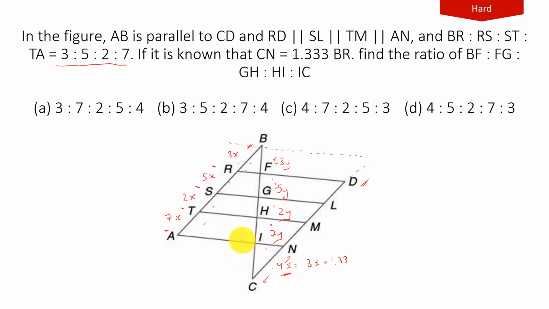So I hope you understand what happened here. Since the ratio of segments is going to be the same on both the transversal lines, they are not equal, but the ratio is the same. So the 3:5:2:7 ratio is going to be maintained on the second transversal line also. So we have the first 4 segments, but in line BC there is one additional segment which is IC.